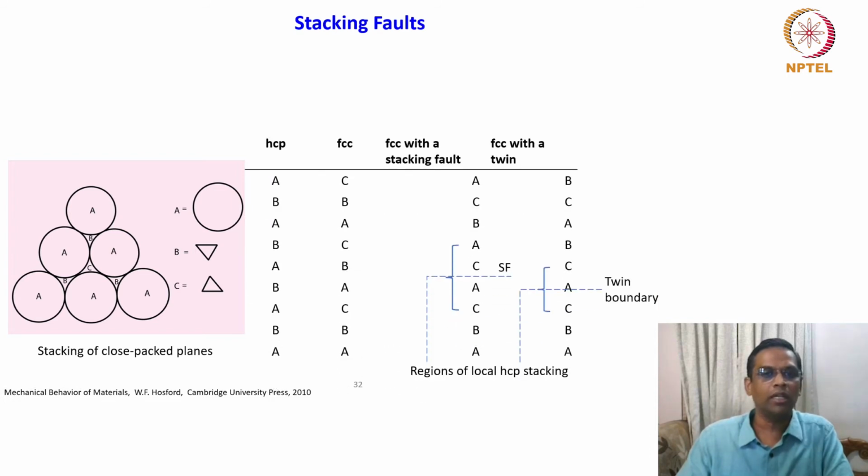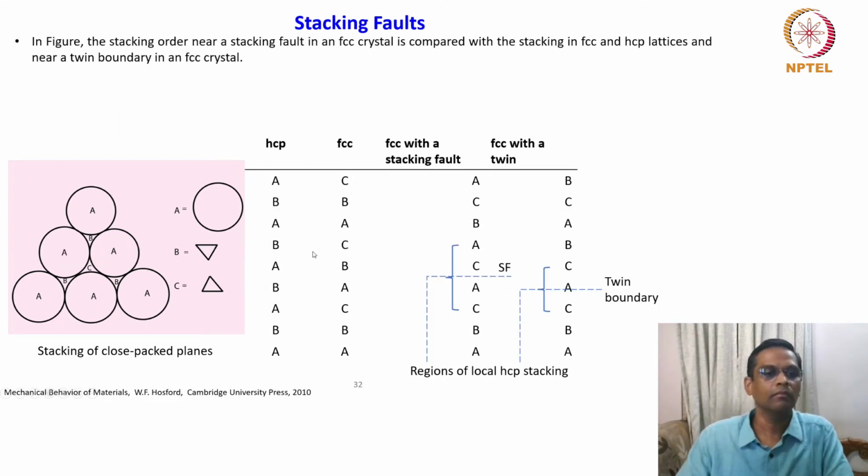So if you look at the stacking order near a stacking fault in an FCC crystal, it is compared with the stacking in FCC and HCP lattices, and near a twin boundary in an FCC crystal. This is the AB sequence in the HCP lattice. This is ABC in the FCC lattice.